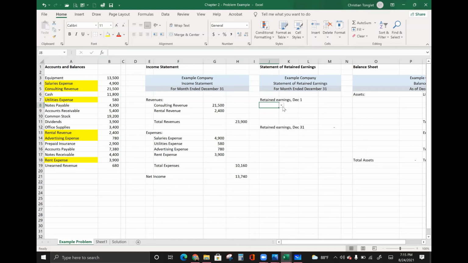So we're going to add net income. And then I need to take out my dividends. So less dividends. So we've got to go get that from the list.